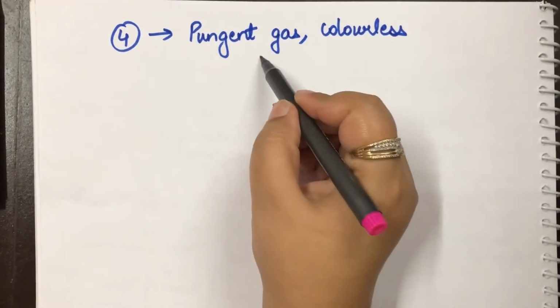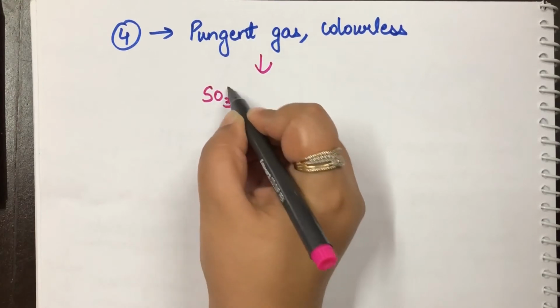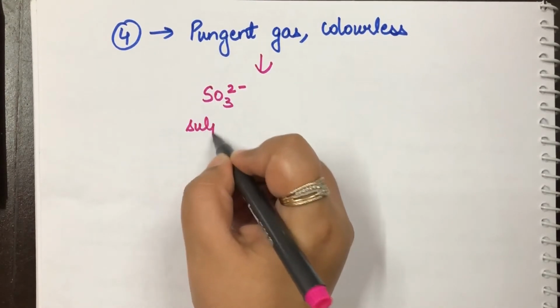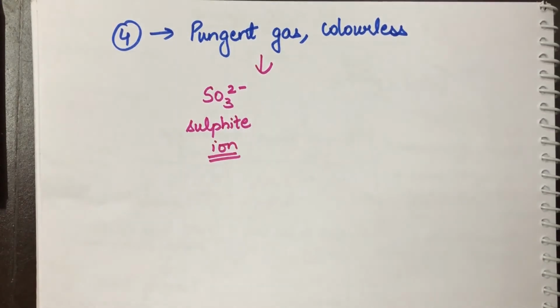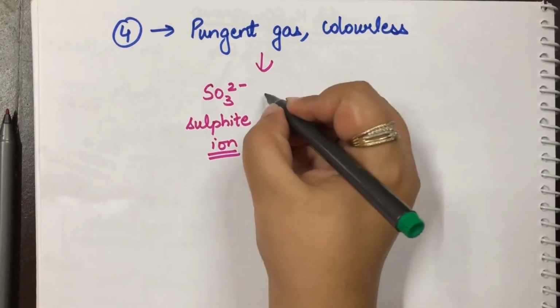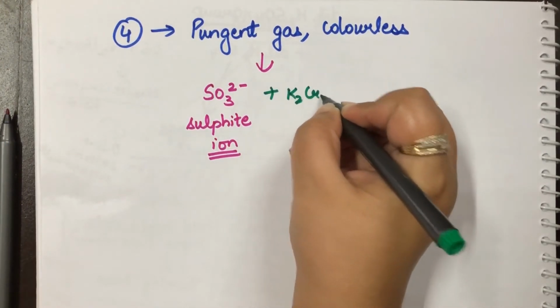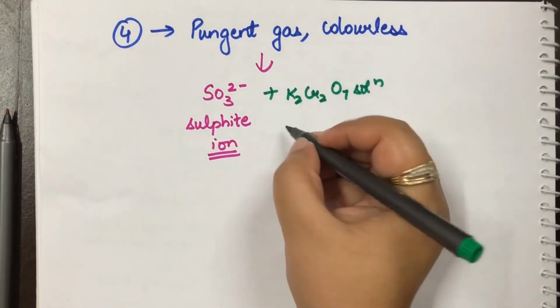Now if you observe this, then you should be sure that the only option left for you is your sulfite ion. Okay, so now how will you confirm this? You will just add potassium dichromate solution to it. What is the color of potassium dichromate?